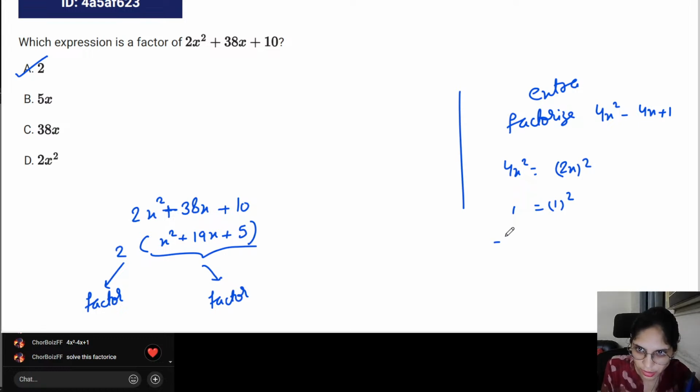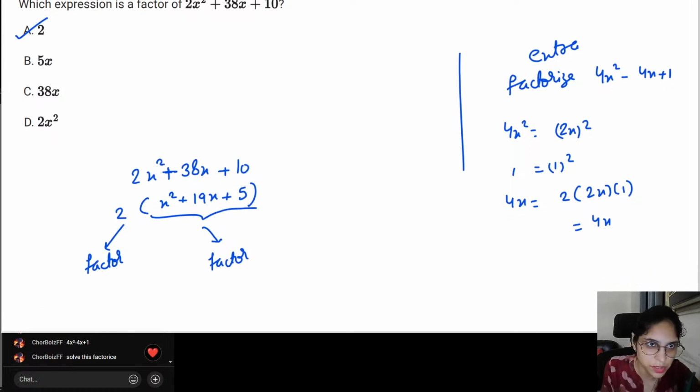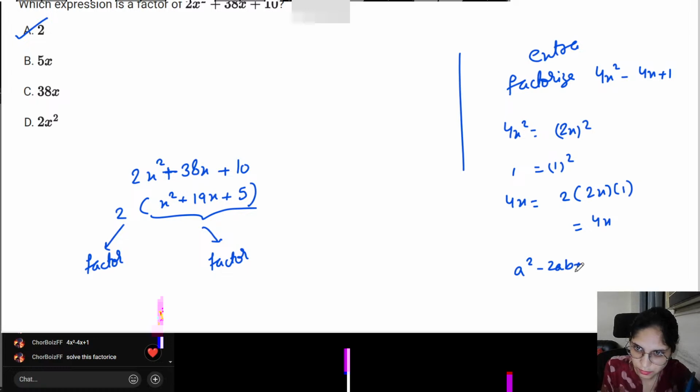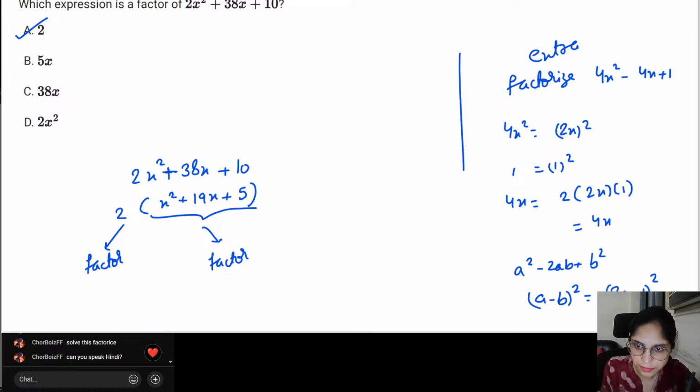And now you just have to check if negative 4x is 2 times 2x times 1. Just check with 4x. This is 4x, so this is a squared minus 2ab plus b squared. And this is always a minus b whole squared. So this is 2x minus 1 whole squared. We're using the identity.